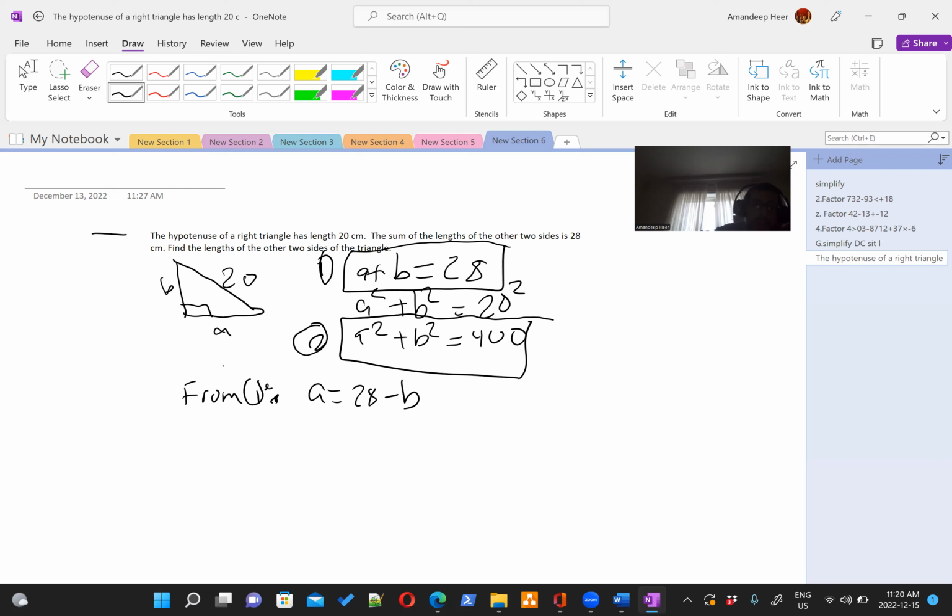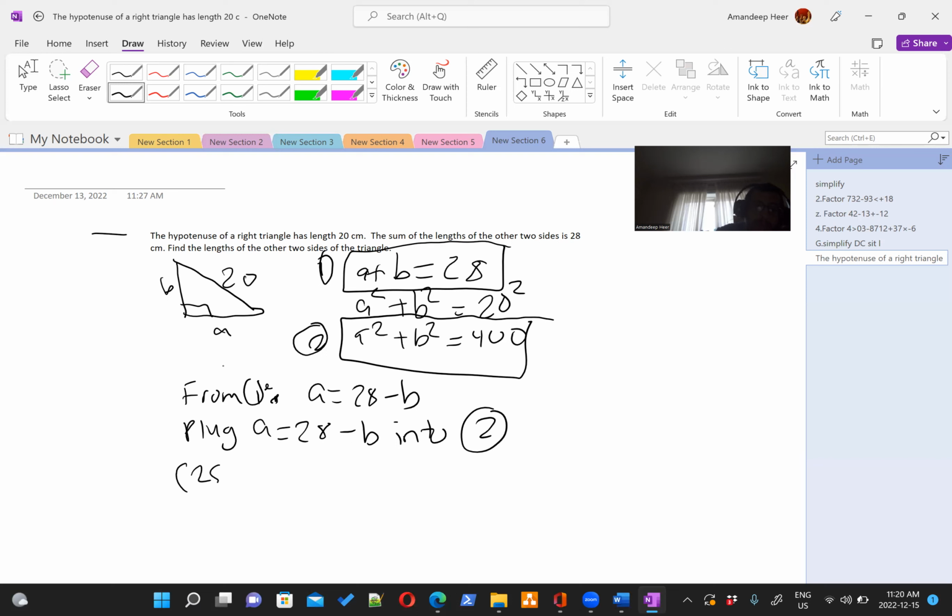Now I'm going to plug 28 minus B into the second equation, replacing A with 28 minus B.